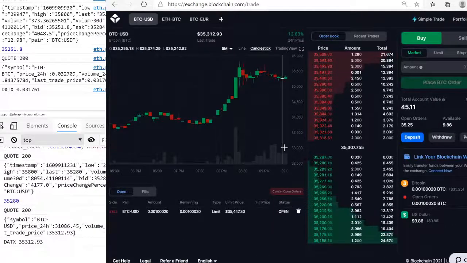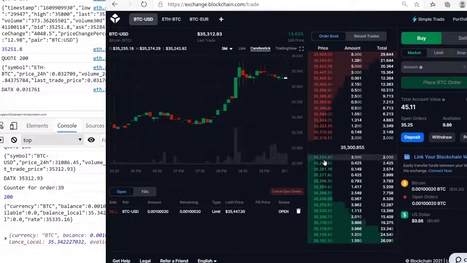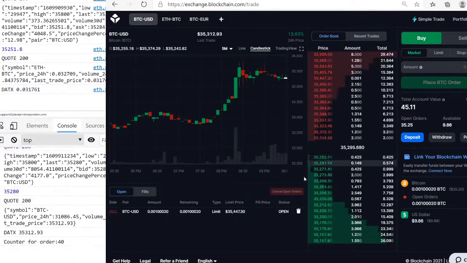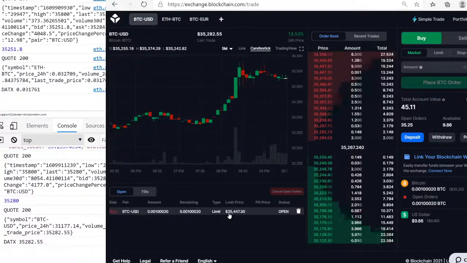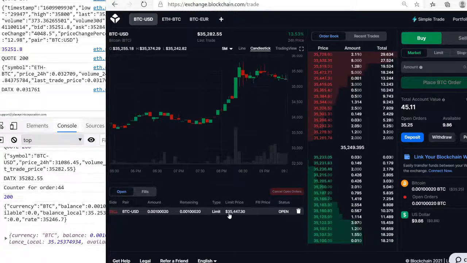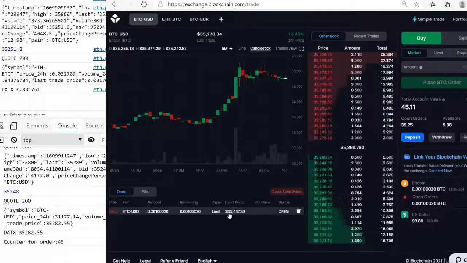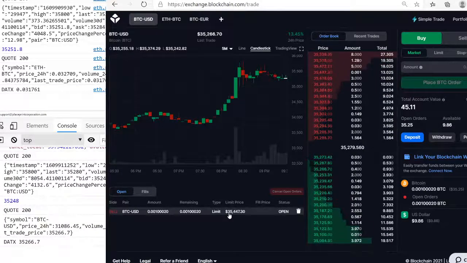But we're bidding right now at 35,280 more or less, and we've got a sell order at 35,447.30. So that's the story there. Our account available balance is maxed out.